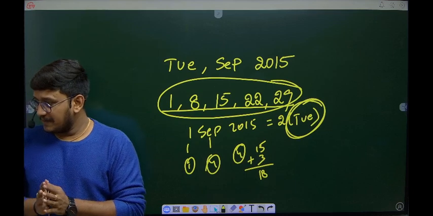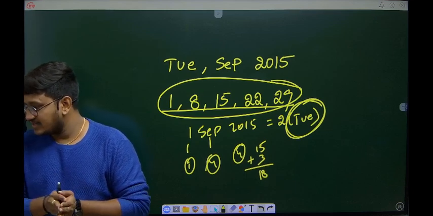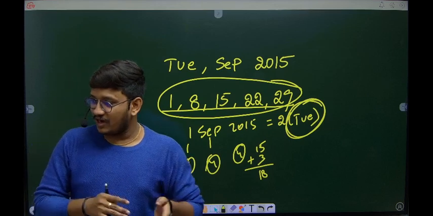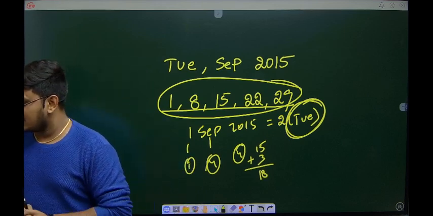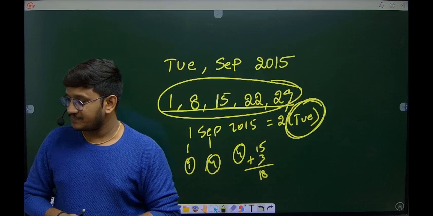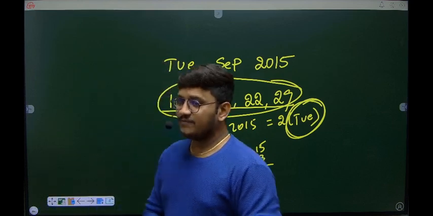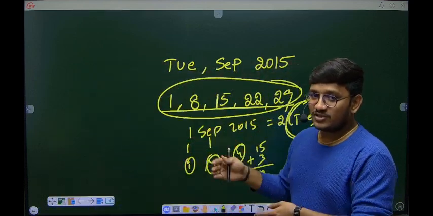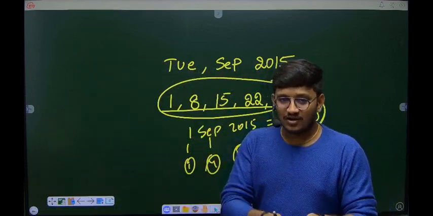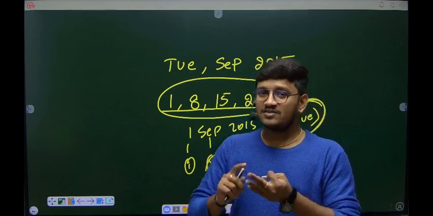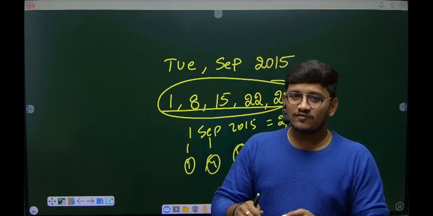Are you clear? Then we'll proceed to the next one. Even with this type of question, we have discussed 3 different types of questions with the same concept, right? Let's go for the next question.